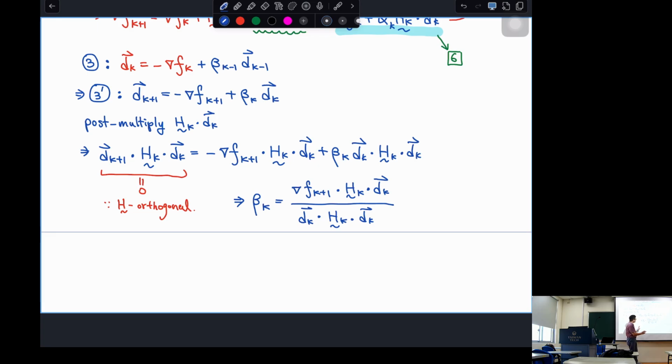But still, it's very troublesome. You need the Hessian, right? And you even need the gradient at the next move. So even though there's a form right here, it's not very friendly for us. We still need to compute the Hessian for the upper term and the lower term.